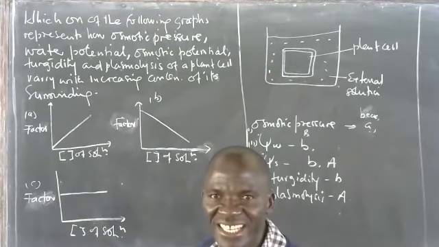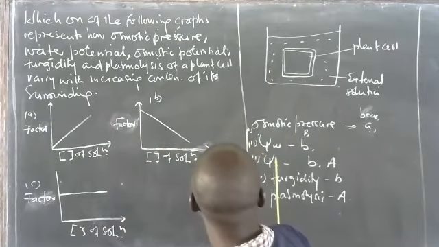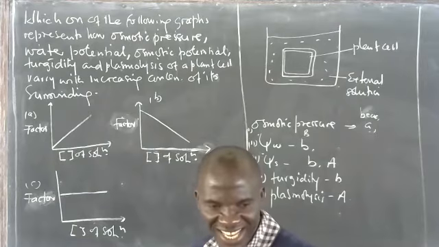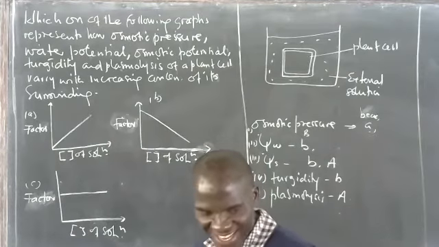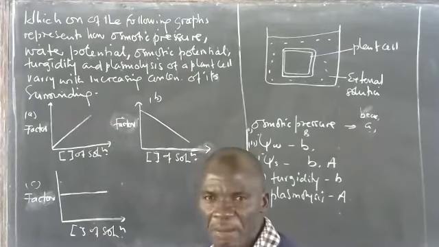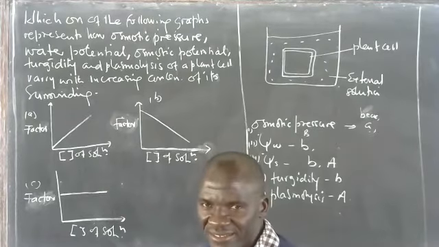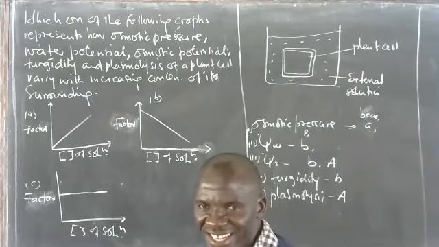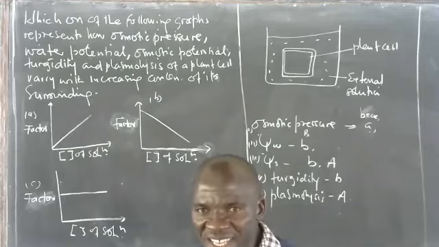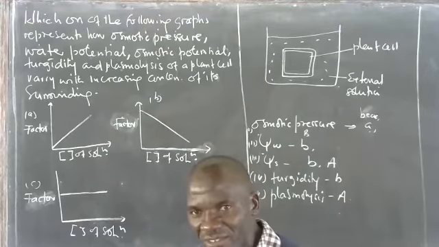Before I go to turgidity, there is the solute potential. We have two alternatives, there is B, there is A. Who is in favor of B? And please, can you explain to us?